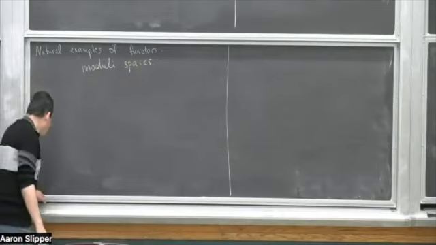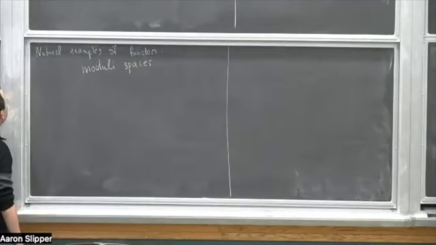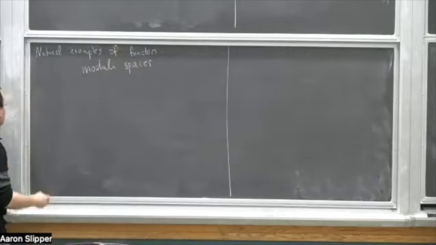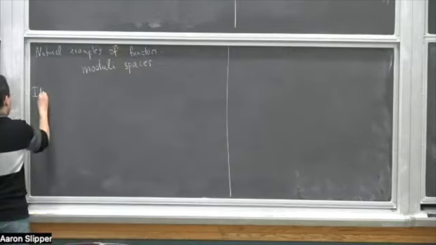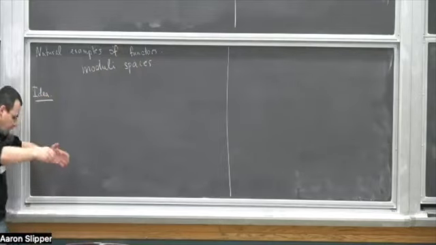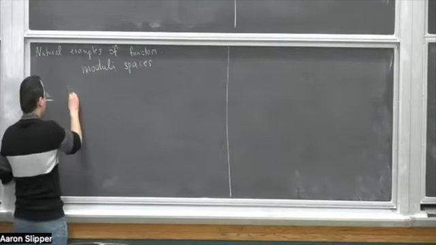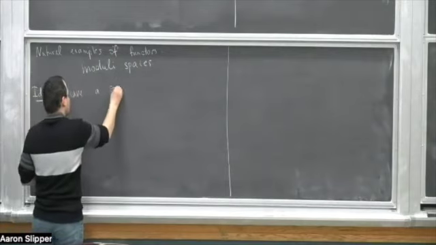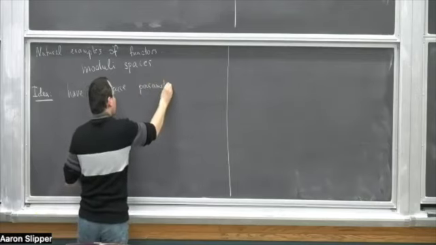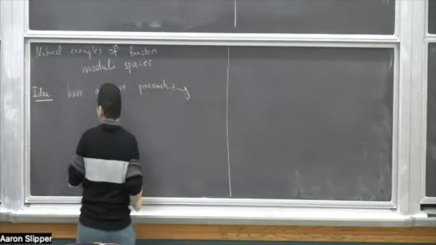Moduli is a little bit overused, but the idea is that you want to classify. You want to describe a space that's parameterizing some kind of objects.